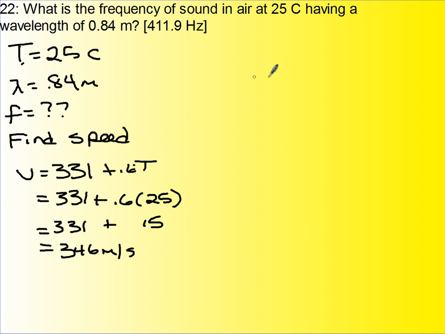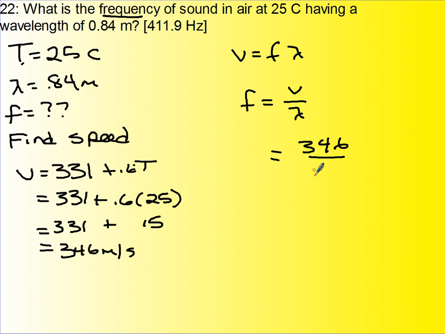So now I have V, and I want the frequency. V is f lambda, so the frequency is V divided by the wavelength. So it's 346 divided by 0.84, which gives me 411.990 hertz.